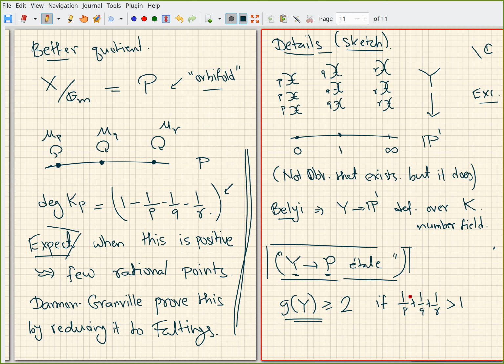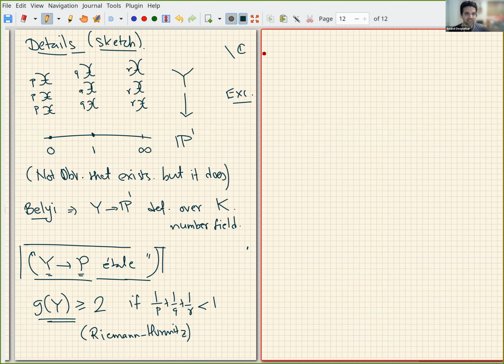That is less than 1 over P plus 1 over P. Yeah, less than 1, sorry. So the degree of the canonical of Y is going to be a multiple of the degree of the canonical of P, and the degree here is positive, and that translates to genus greater or equal to 2. But you could just do it honestly using Riemann-Hurwitz, if you don't want to use this mumbo jumbo.